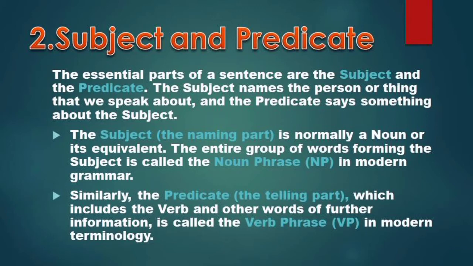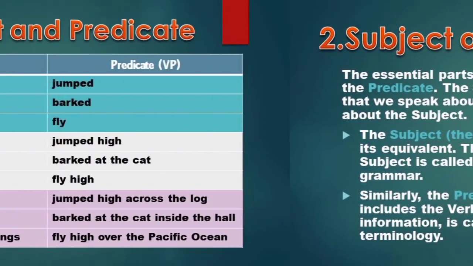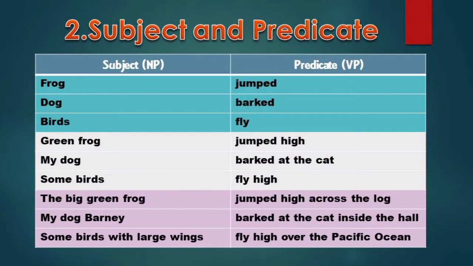Okay. If you don't understand the statement regarding the subject and predicate, just see this table and understand what is a subject, the naming part or noun phrase, and what is the predicate, the telling part or verb phrase. So, frog jumped. Here the subject or noun phrase is the frog and the predicate is jumped.